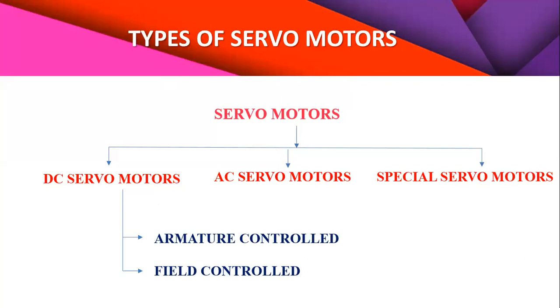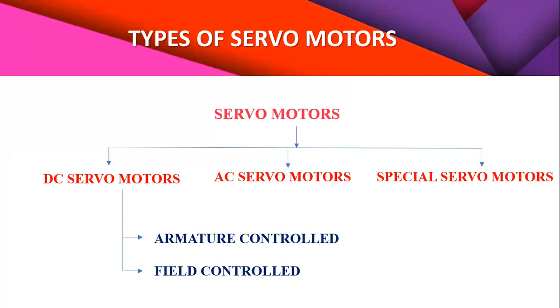Give me the answer for these two questions. Which winding is provided on the rotor and which winding is provided on the stator? Copper wire on rotor. Okay, copper. I'm not asking about material. We have the armature winding and field winding, right?